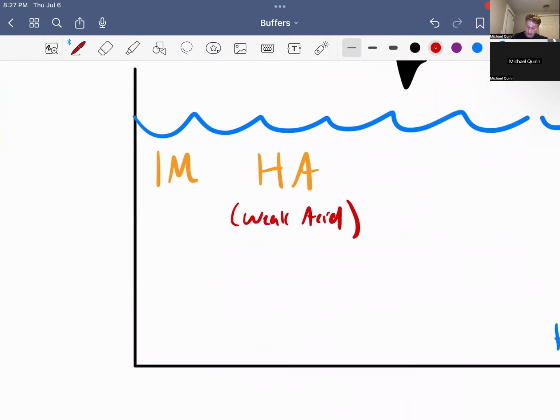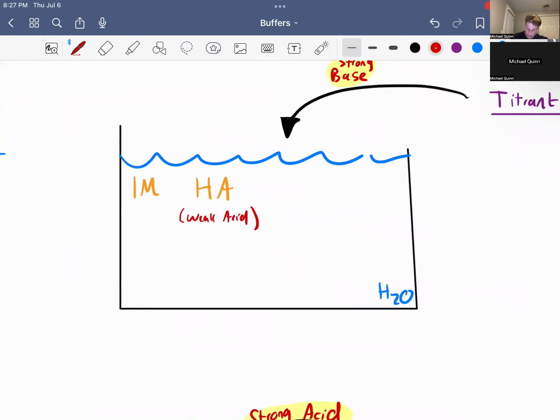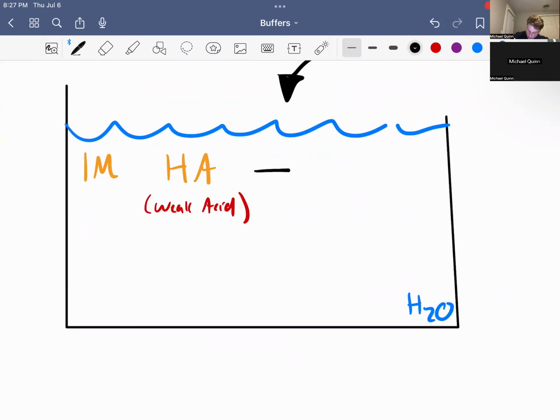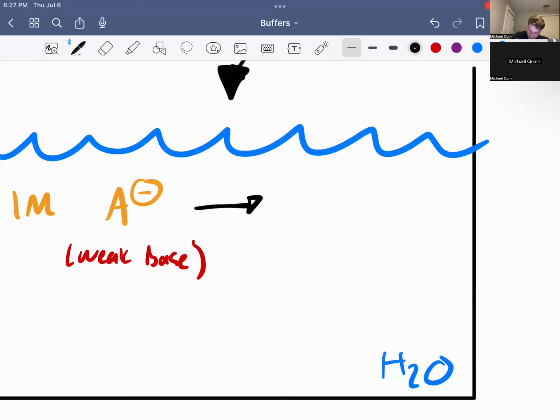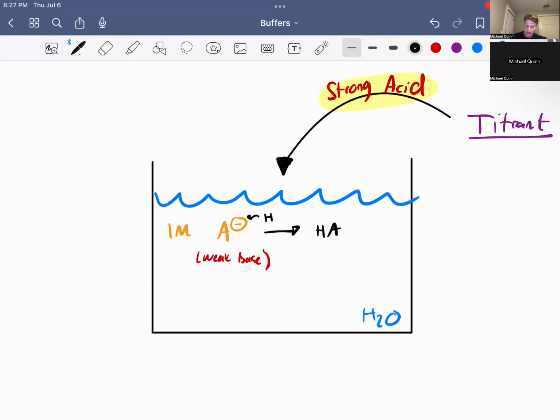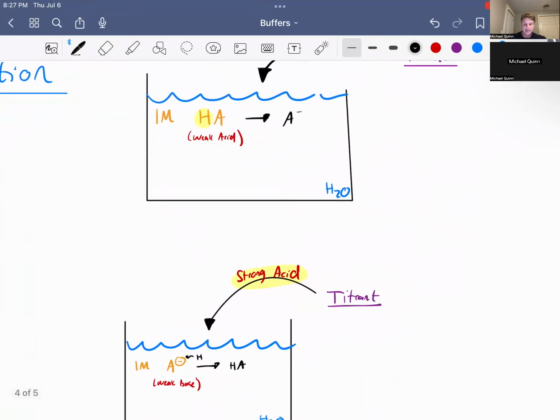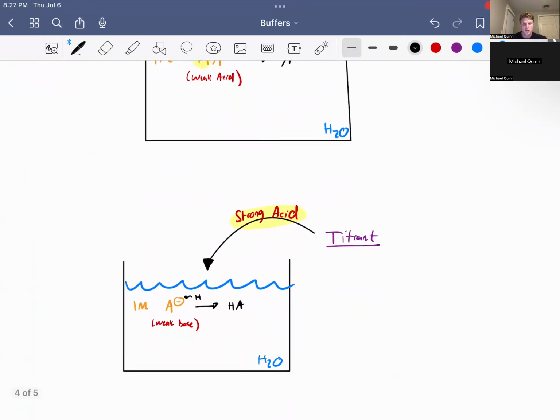In the case above, if we add a strong base, it will take away that hydrogen, and we'll be left with A minus. And below, we can add a hydrogen, and this will be HA, and we will have now a certain amount of a weak acid in its conjugate or a weak base in its conjugate.